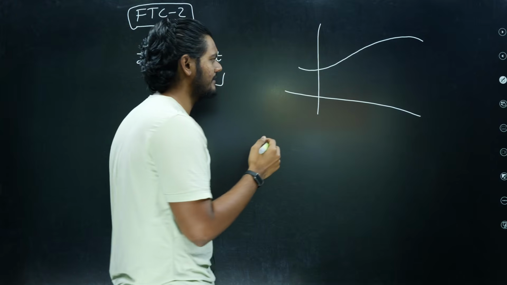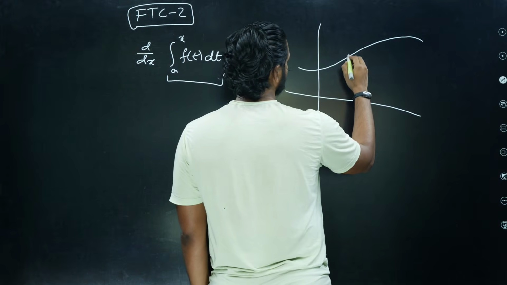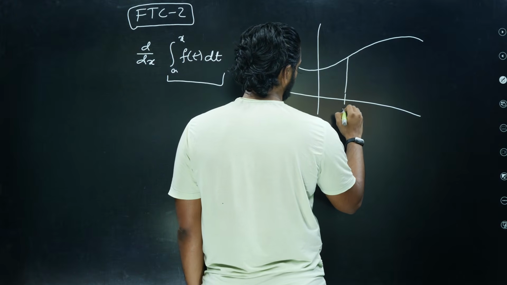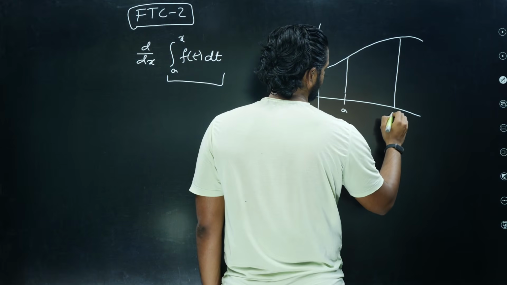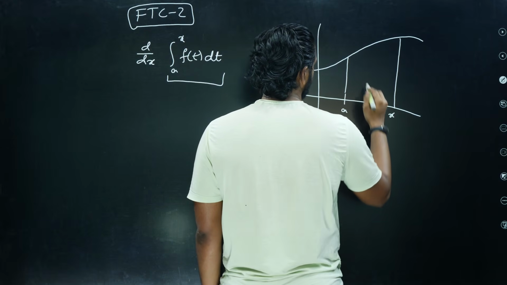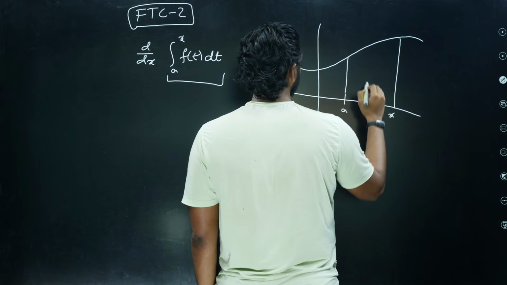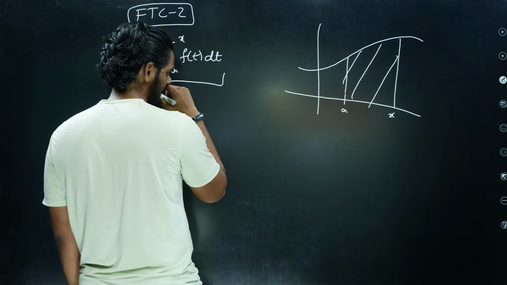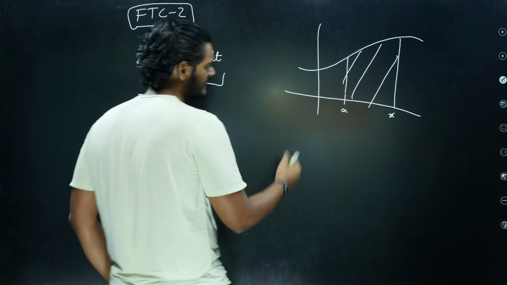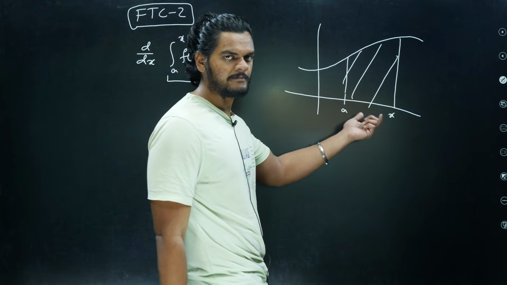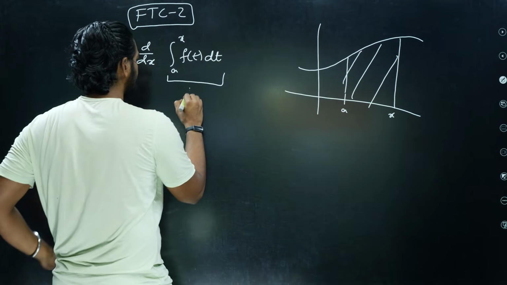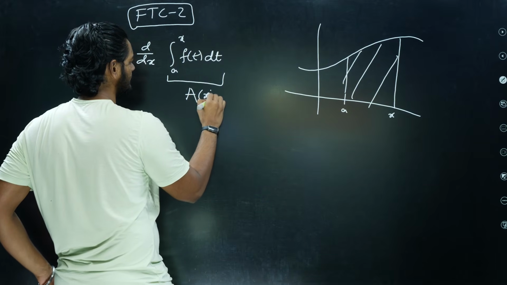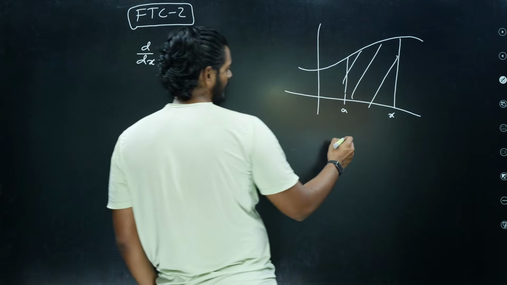We are only talking about continuous functions. So, for a continuous function, this is point a, this is x. This area depends on the variable x, so I will call it A of x.